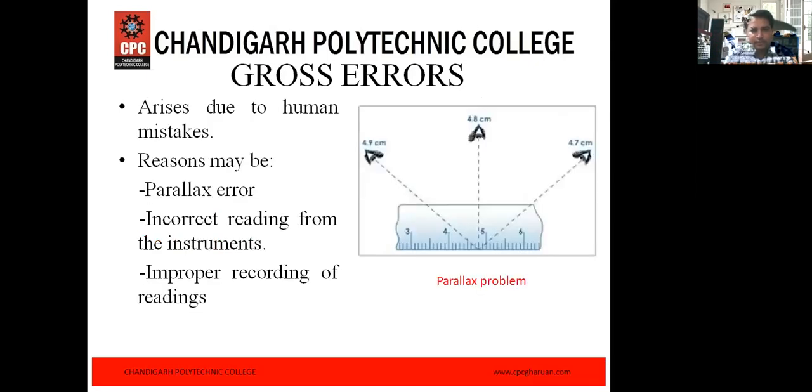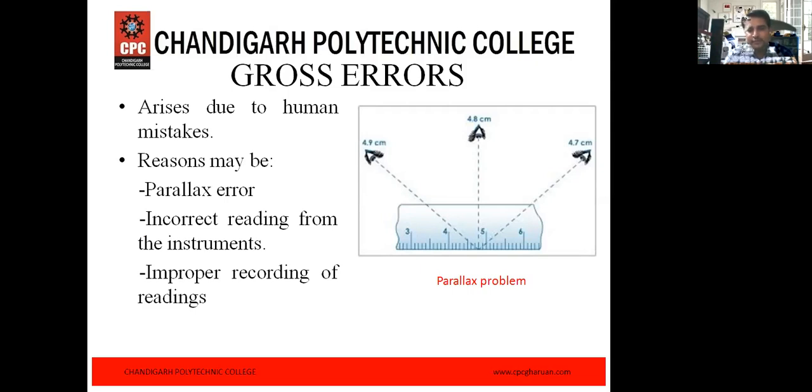Gross error occurs due to human mistake, as while taking measurement, we can take a wrong reading. This is the gross error. Other reasons may be parallax error, as you can see in the picture. Three persons are taking readings at the same time but at different locations, and they will observe different readings.